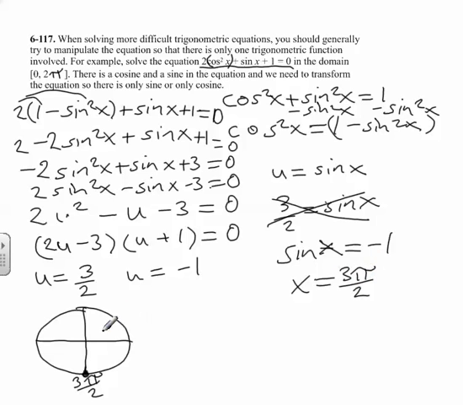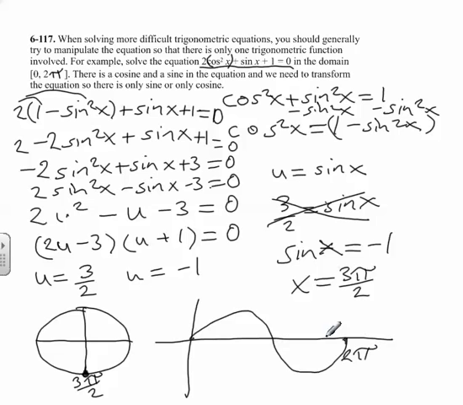Now, if this is tough using the unit circle, another way to quickly think of how to solve for sine and cosine is to do a quick sketch of the cosine or sine curve. In this case, it's sine. And we know and can quickly sketch that sine begins at 0, goes up, back down, and ends back here. So what's the total period of sine? It's 2 pi. Halfway, pi.